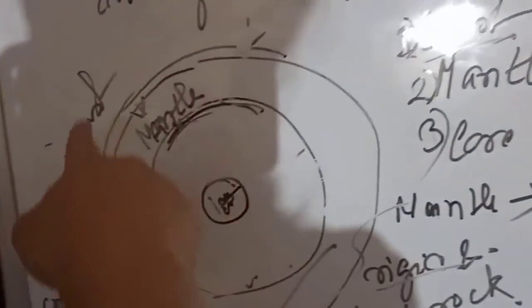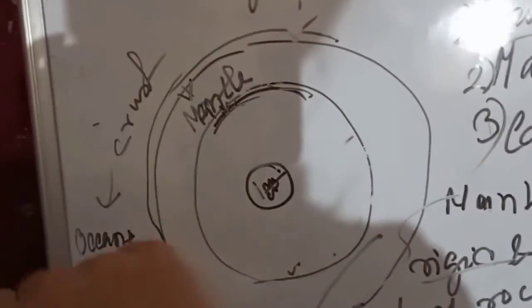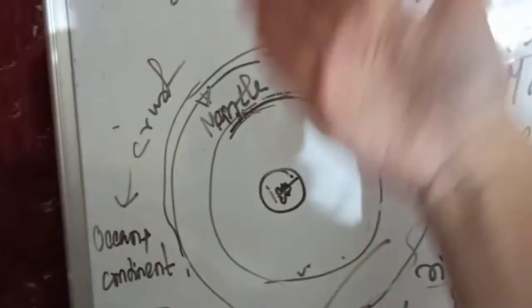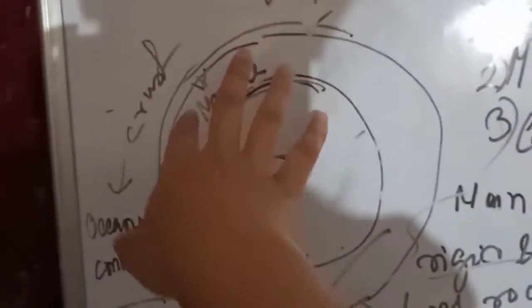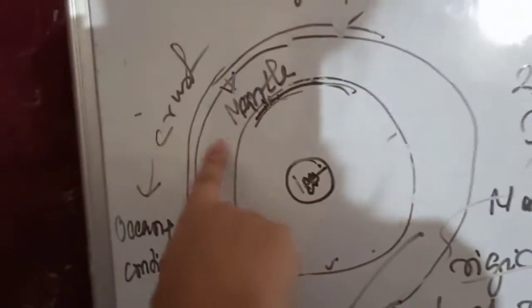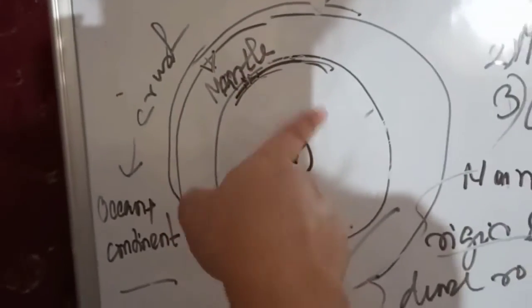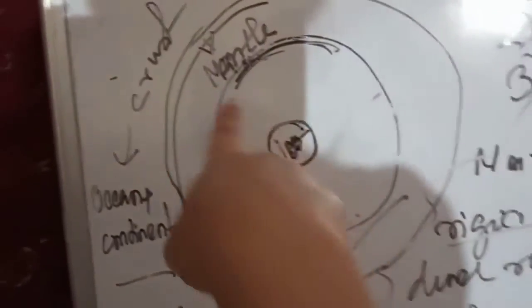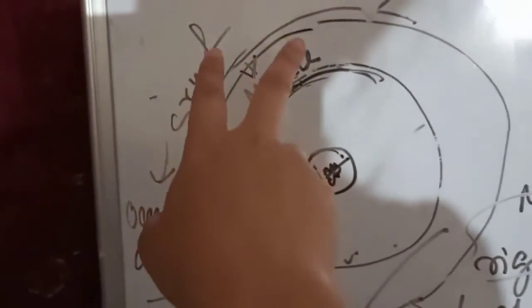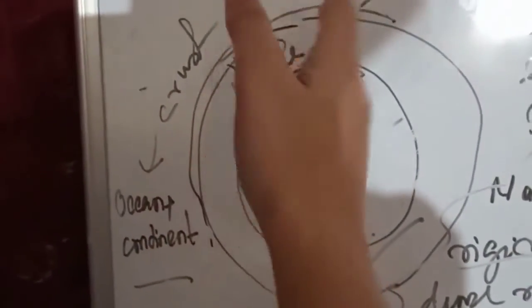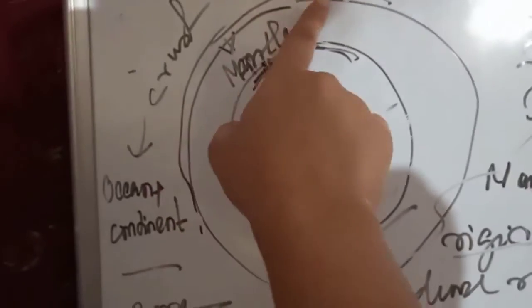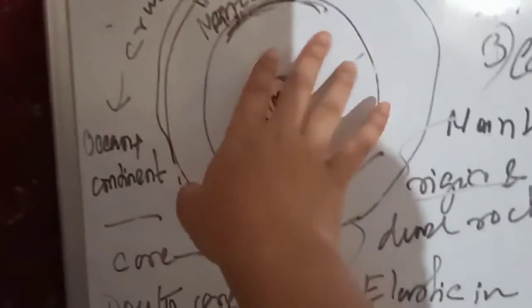The crust is the outermost layer of the earth where we and all living beings survive and sustain. Next to the crust we have the mantle, and next to the mantle we have the core. The mantle has two characteristics: it is made of rigid and dense rock, and it behaves in a very elastic way.